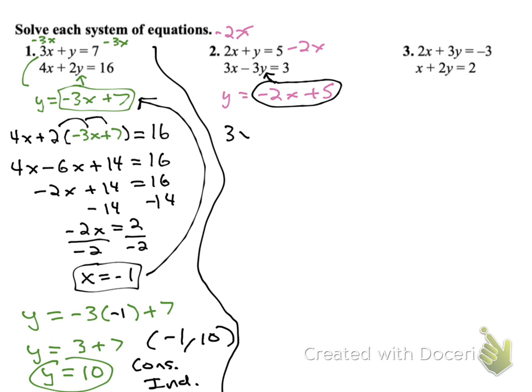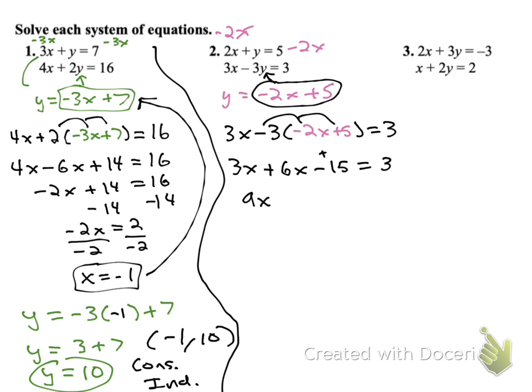That'll give me 3x minus 3 times negative 2x plus 5 equals 3. Now I've eliminated the y. So I'm going to distribute that negative 3. 3x plus 6x minus 15 equals 3.